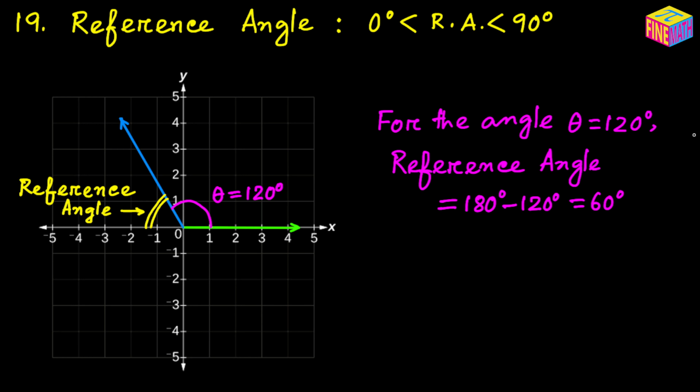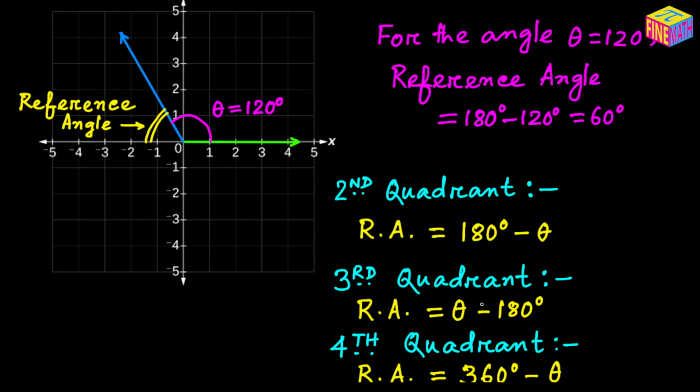Now for various angles which could be located in different quadrants, we can use these three little formulas right here. So if an angle is a second quadrant angle, to find its reference angle, what we need to do? We need to simply subtract the angle from 180-degree. That will give us the acute angle between its terminal side and the negative x-axis. Similarly, if there is an angle which is in the third quadrant, meaning its terminal side is in the third quadrant, to find the reference angle for that angle, what we have to do?